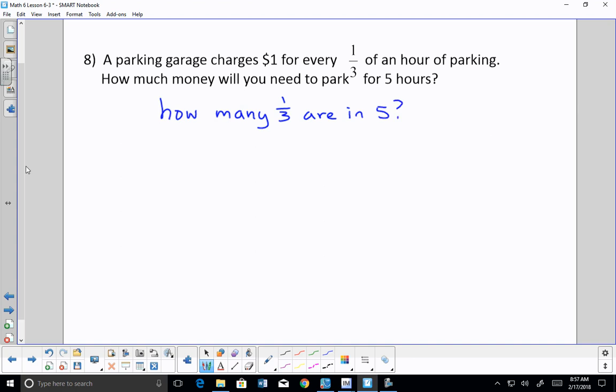I'm not taking 1/3 and dividing it by 5. I'm taking 5 and dividing it by 1/3. So that means I need to take 5 and multiply it by 3 over 1. So that becomes 15. It will cost me $15 to park for 5 hours.